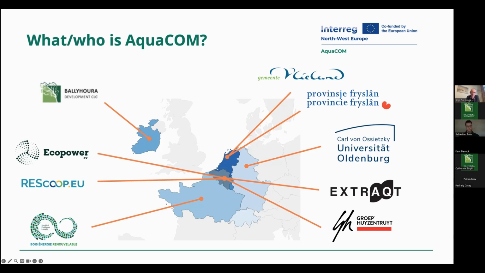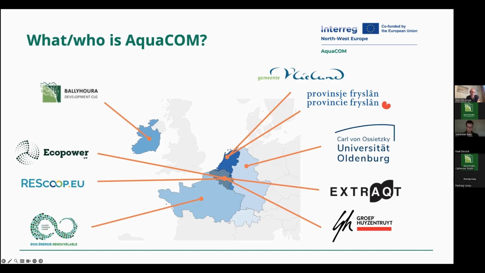In France, it's a long name, but it's an organization focusing on using renewable energies in energy systems. And we have many organizations from Belgium, including EcoPower as an energy community, Groep Huizentuin as a developer of living projects or housing projects, and Extracts, an engineering company focused on aquathermal energy.